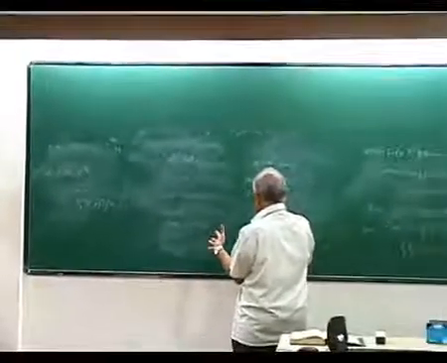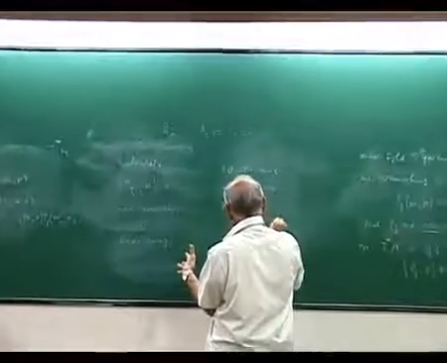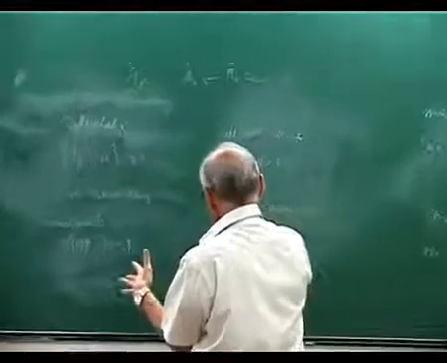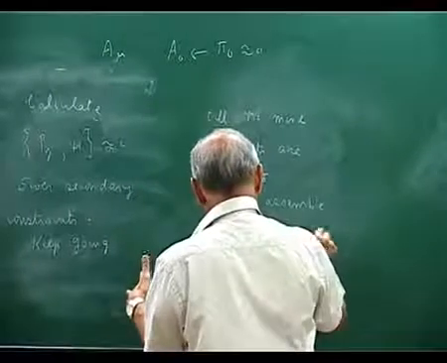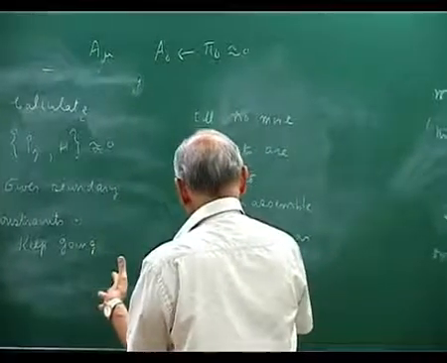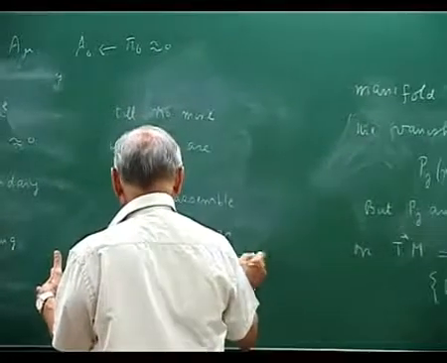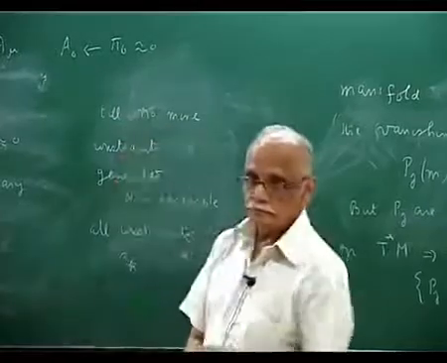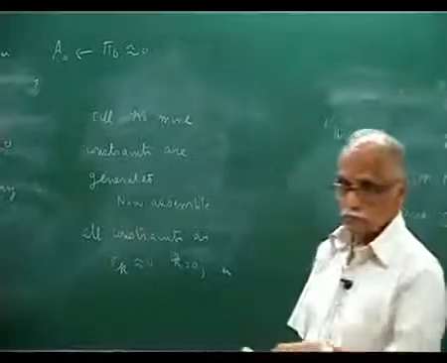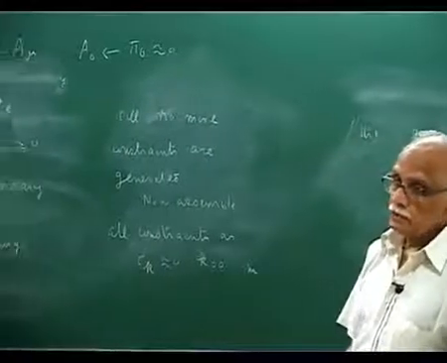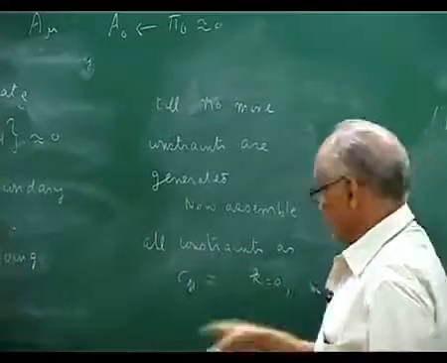Now assemble all constraints as Ck equal to 0, k going over some index set, some number. Now I will give Dirac's definition. For him, primary and secondary are less important than the definition I give you.